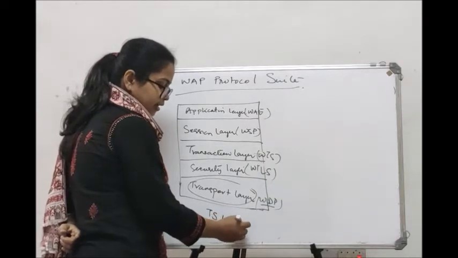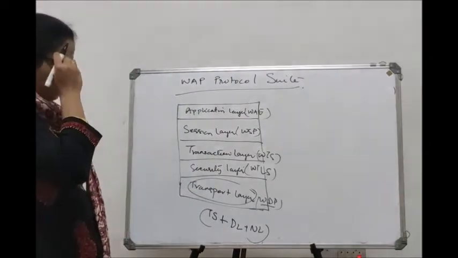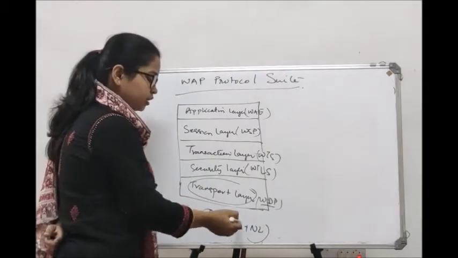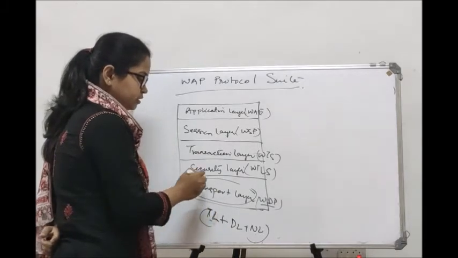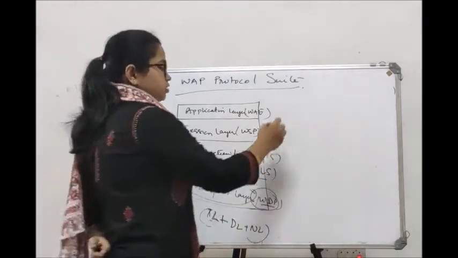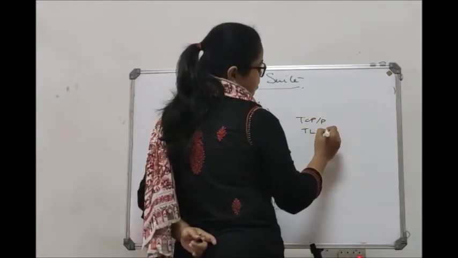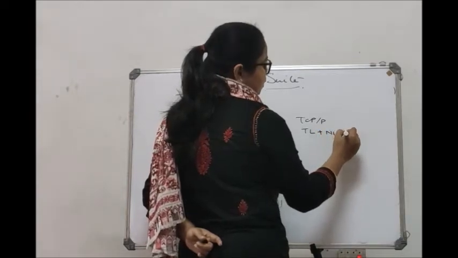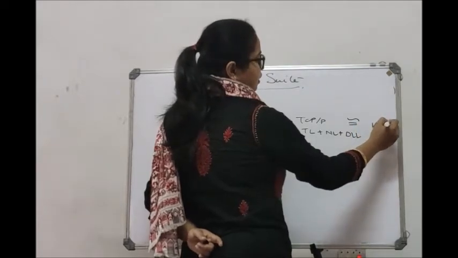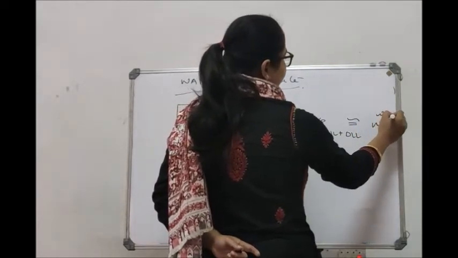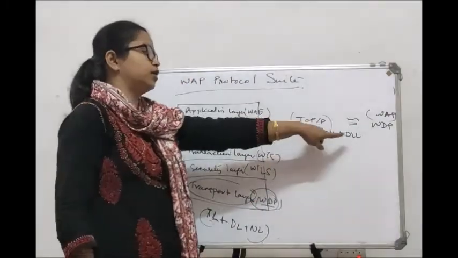Okay, so TCP/IP's transport layer plus network layer plus data link layer is equivalent to the WDP layer of WAP.